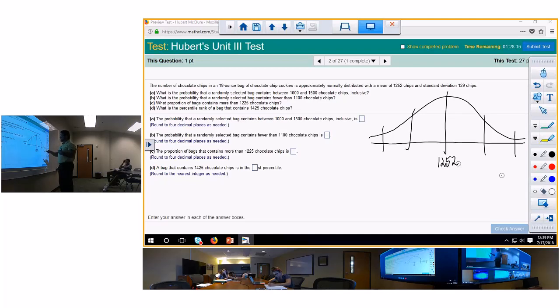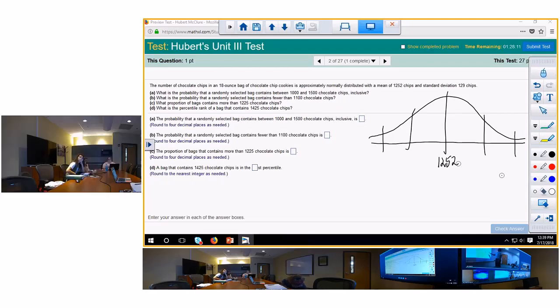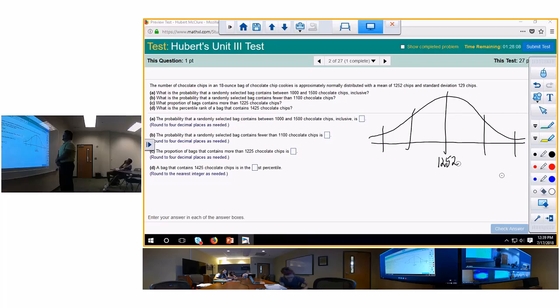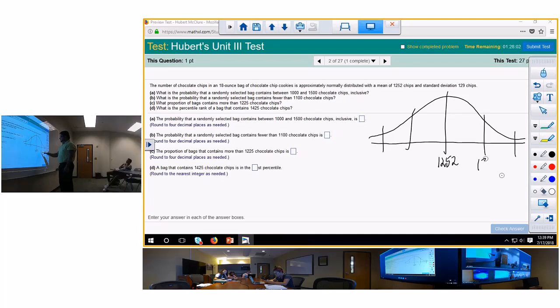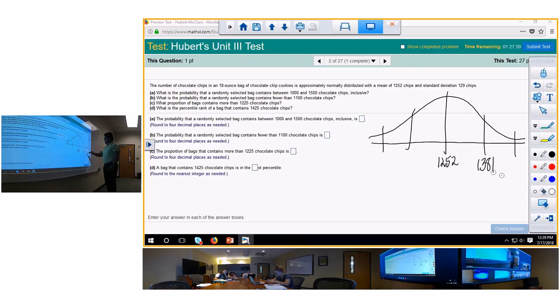Calculator drill team, what's the first standard deviation? 1252 plus 129. 1381. What's the next one? 1510. All right, to the left. 1123 and 994. Yeah. All right, so that takes care of this.